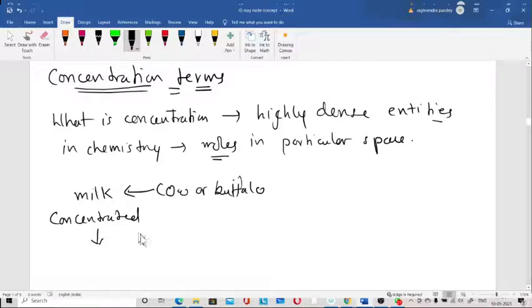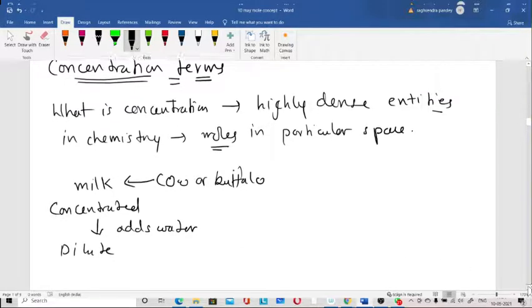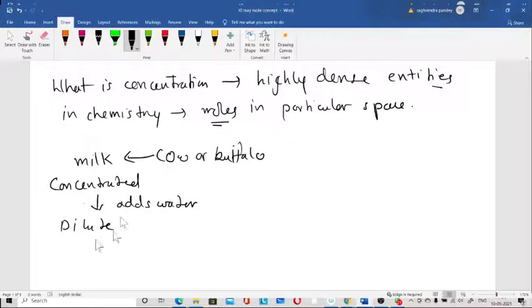Then what the milkman does is add water to it, and it becomes dilute. So concentrated means whatever content of milk is there is present in a larger amount. When we add water, the amount becomes less per unit space.